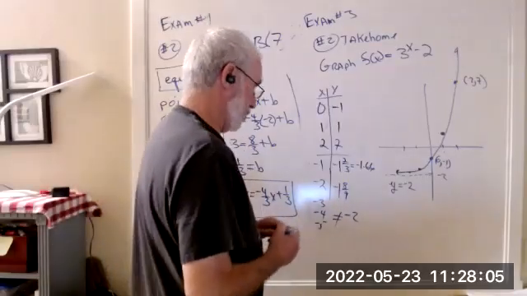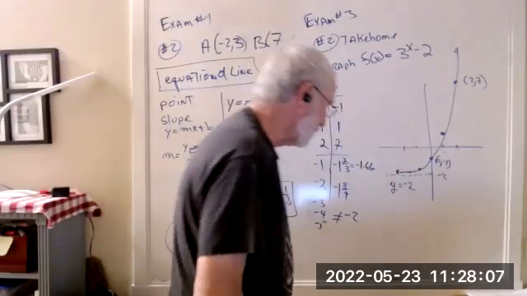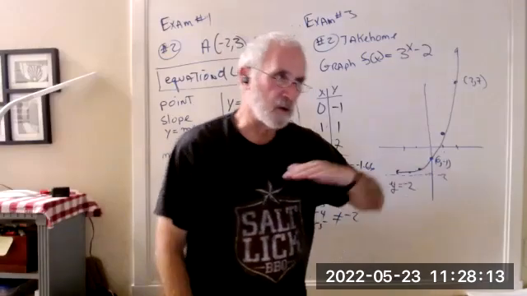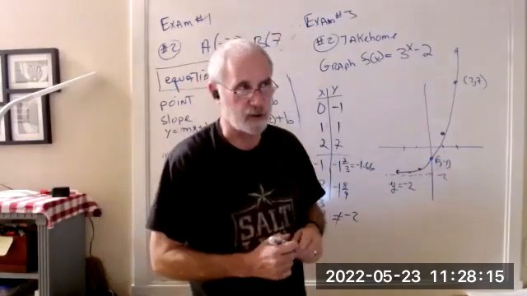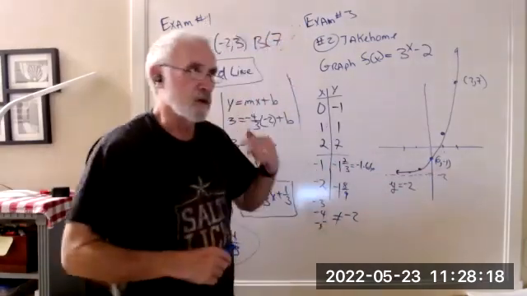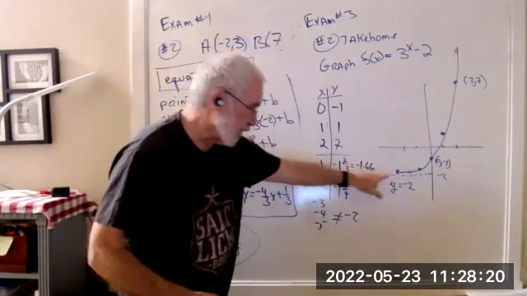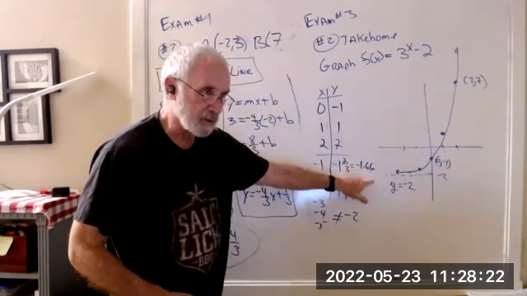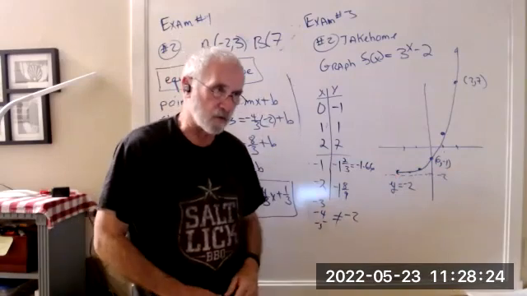So it's y equals -2, not y doesn't equal -2? Look, the asymptote is the line. You've asked a really good question. The graph will never equal that line, but the line is y equals -2.